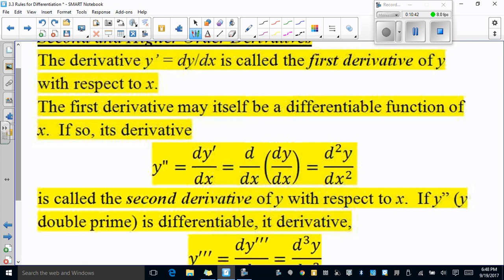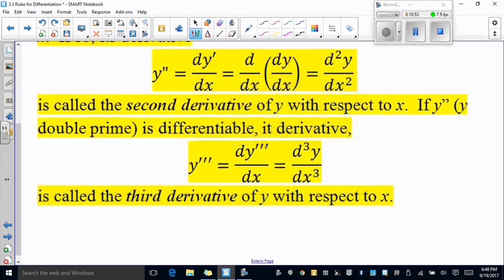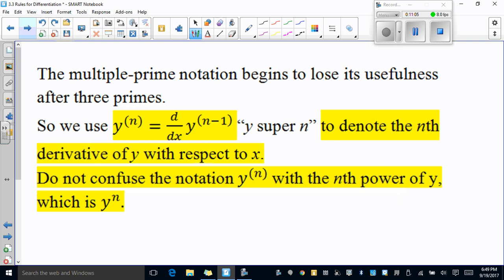And we do call it double prime. And if y double prime is differentiable, its derivative, y triple prime, is d cubed y over dx cubed. So it's saying the third derivative of y with respect to x. And so on and so forth. Now, once we get beyond that, we start using the nth power notation.